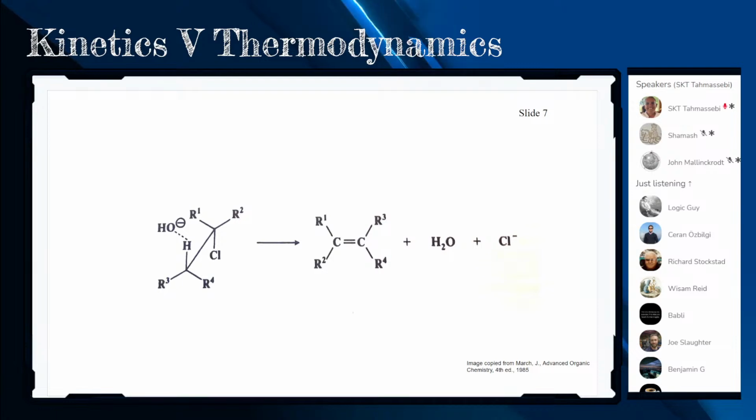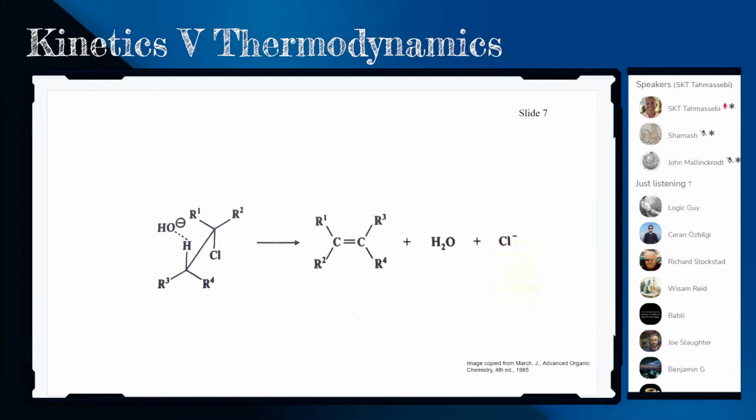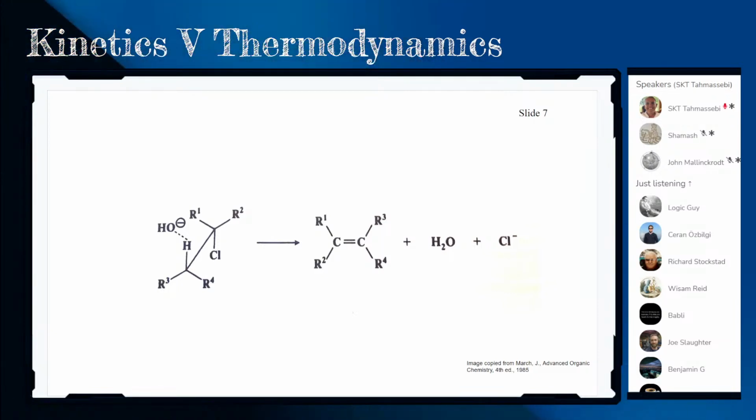But if there are electron withdrawing groups, then it's going to make it difficult for chloride to leave. So all of that is going to change the electronics of the reaction. So as a chemist, you can then design the molecule to force it to go this way or the other by changing the electronics.